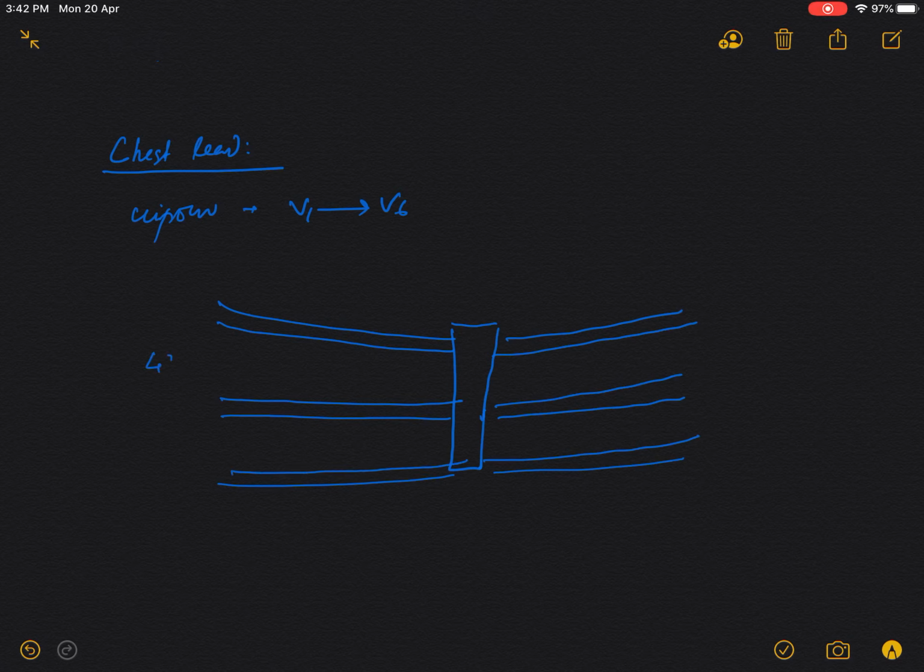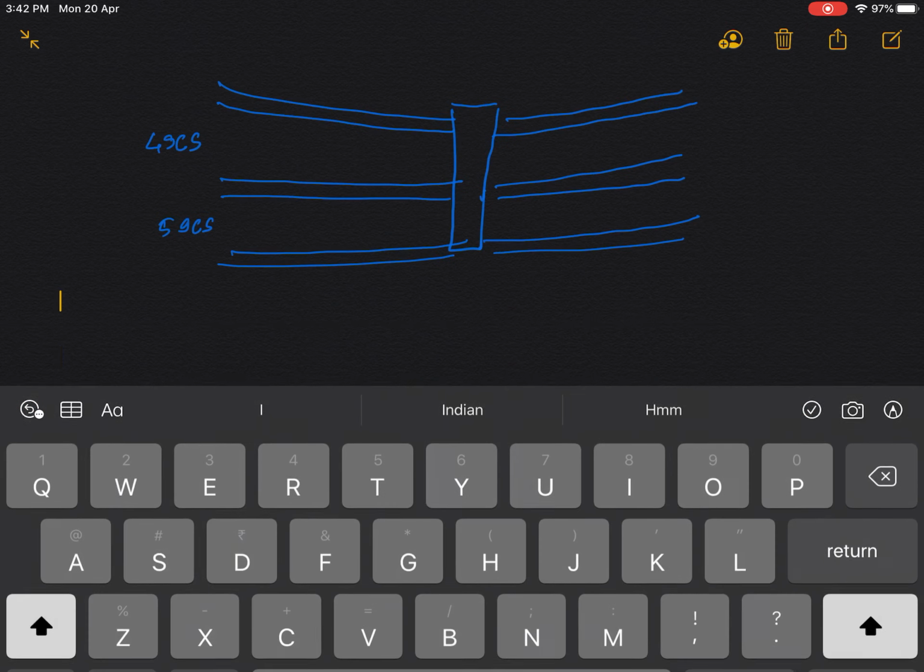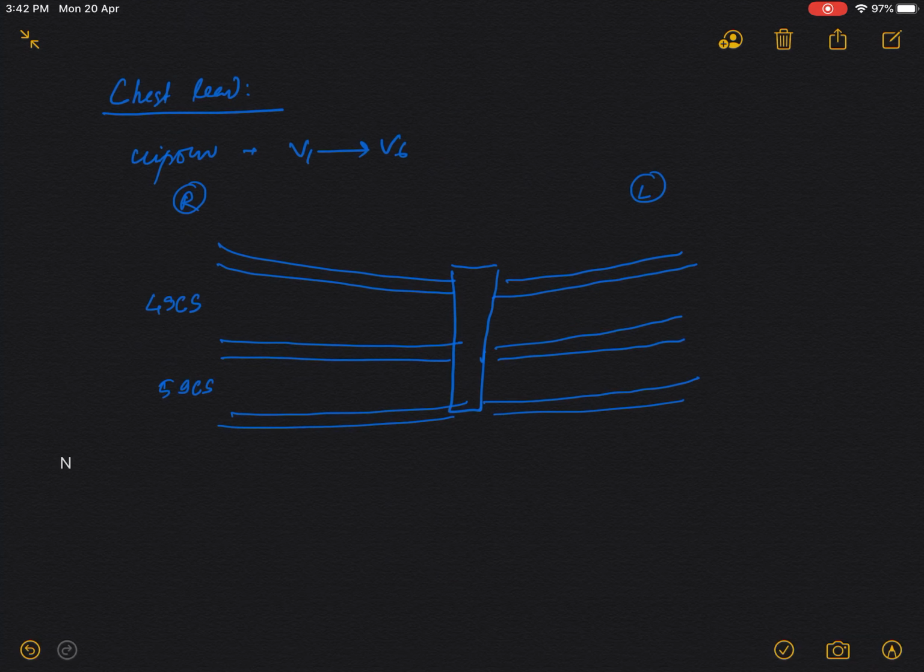This is the 4th intercostal space, this is the 5th intercostal space. This is the right side, this is the left side. Just right of the sternum, in the 4th intercostal space, this is V1, and left of the sternum this is V2.